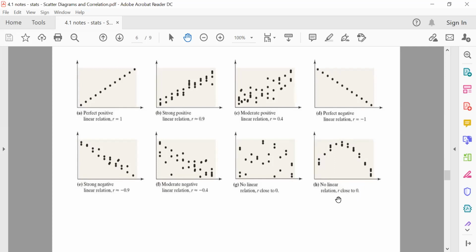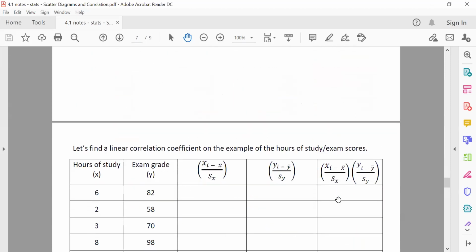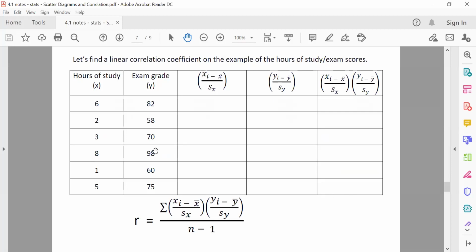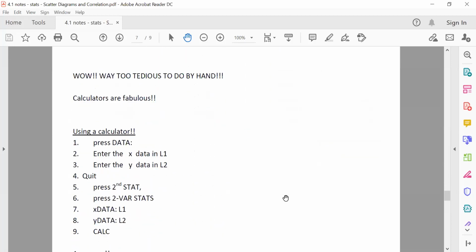So the R value is still going to read 0 here. Because remember, all the R value does for us at this moment is tell us how strong the linear correlation is and whether it's positive or negative. No more than that.